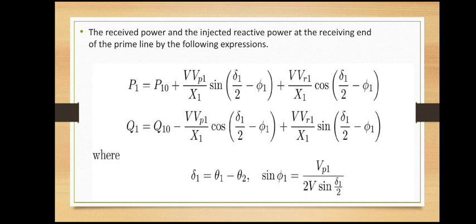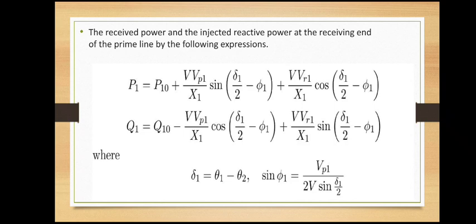The received power and the injected reactive power at the receiving end of the prime line 1 is expressed by the following expressions, that is P1 and Q1, where del 1 is equal to theta 1 minus theta 2, and correspondingly sin phi 1 is equal to Vp1 divided by 2b sin del 1 by 2.